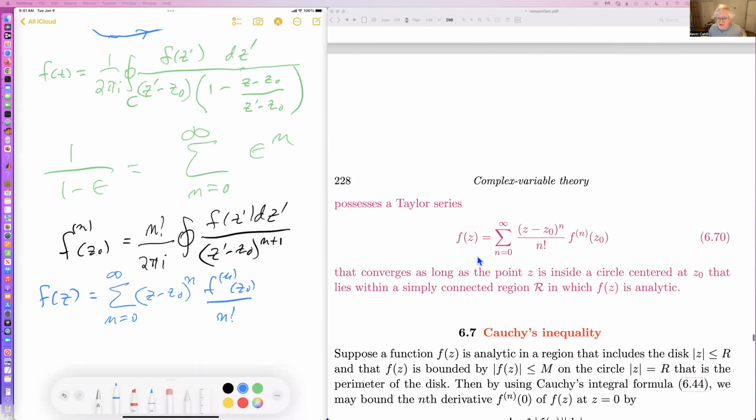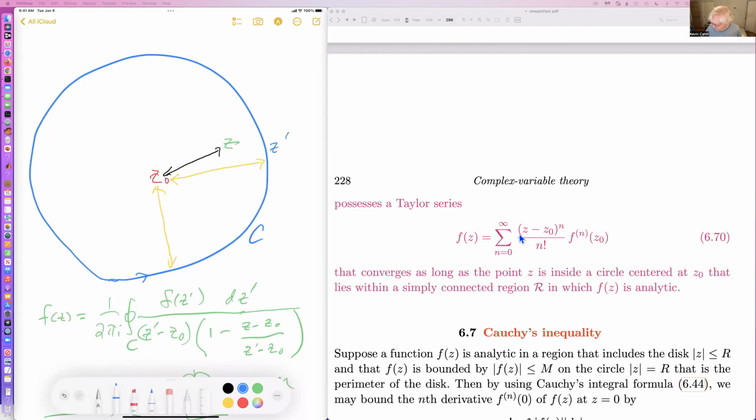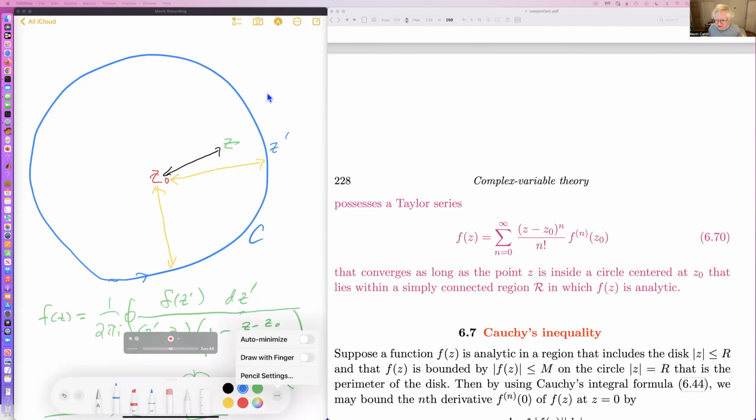And so that's this expression here. And it converges as long as the point z is inside a circle centered at z0 that lies within a simply connected region in which f is analytic. So in other words, what we need, of course, is analyticity over this entire region. We need analyticity there.